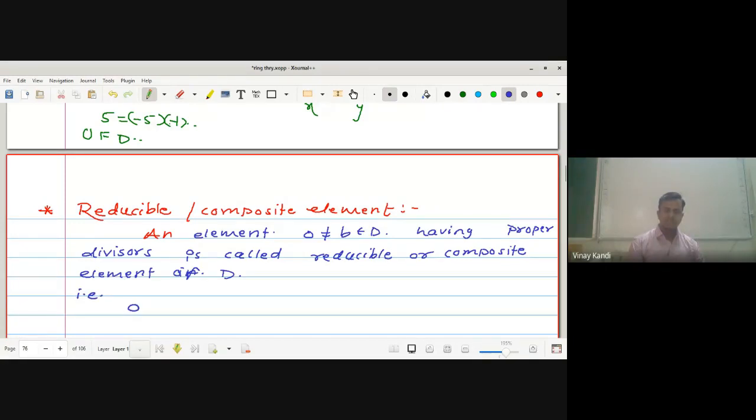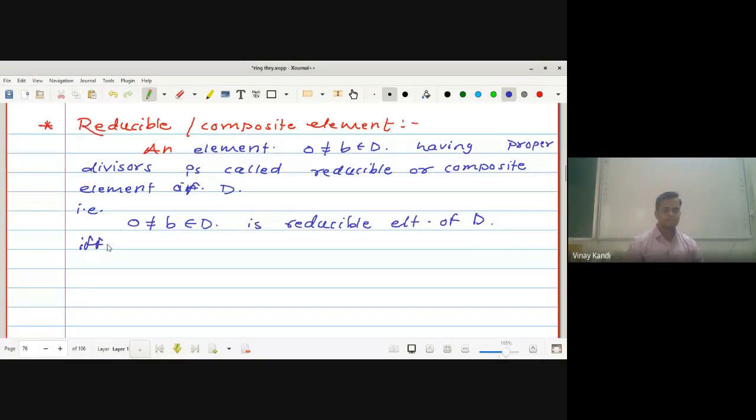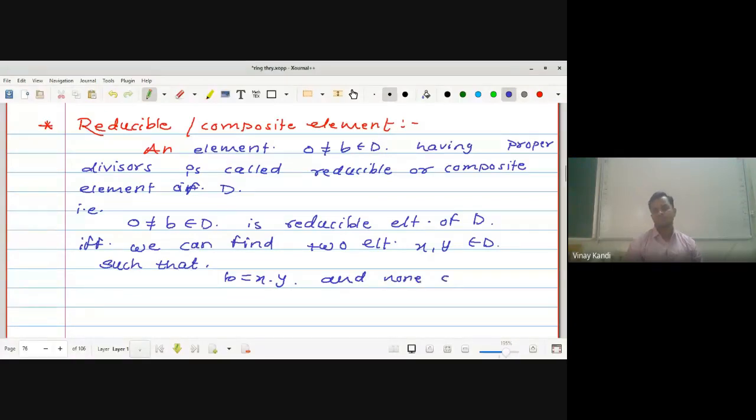What is the meaning of this sentence? A non-zero B belonging to D is a reducible element of this capital D if and only if we can find two elements x, y belonging to capital D such that B is equal to x into y and none of x and y is a unit in D. For example, again D is equal to Z, take B is equal to 6, which is equal to 2 into 3.